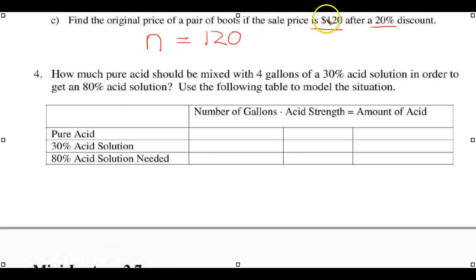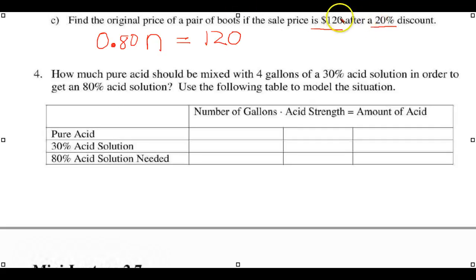This represents 80%. So this is the original price. If I take 80% of the original price, that's what this is. This is the way these must be figured out. If you do it the other way, it gets close, but it's not the answer.